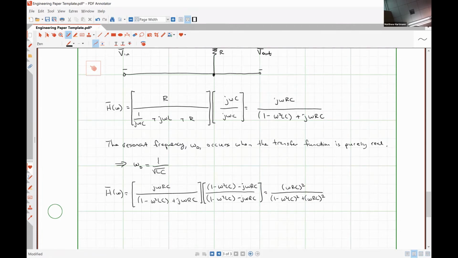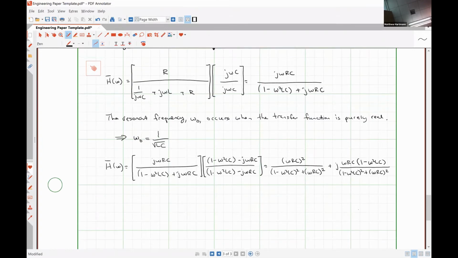And we're going to have positive j omega RC multiplied by 1 minus omega squared LC divided by that same denominator, 1 minus omega squared LC squared plus omega RC squared.